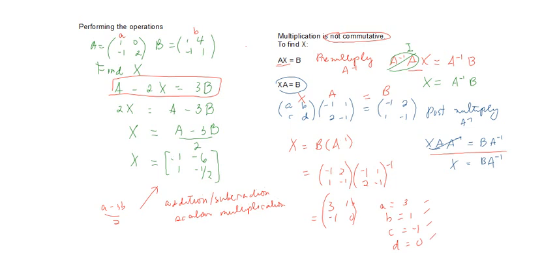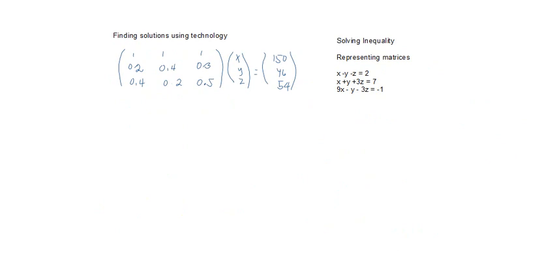Okay, let's have another one. In finding solution using technology, this one you already have in the form of AX equals B. So the solution is you pre-multiply this by its inverse. So we shall pre-multiply this also by its inverse. You know this will give you identity.